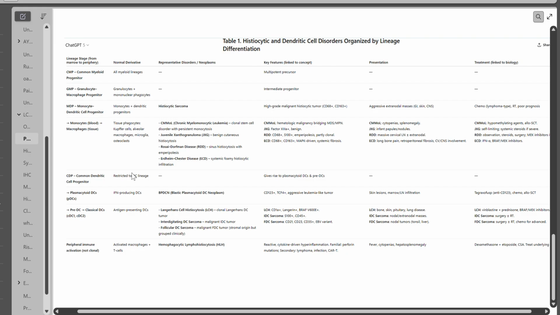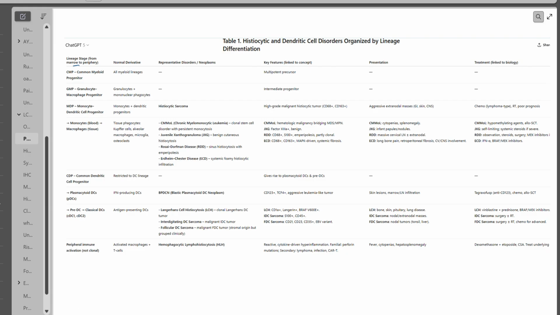We know that if the common myeloid progenitor cell has a neoplasm, it would be AML, correct? And then you treat it with cytarabine and daunorubicin, correct?